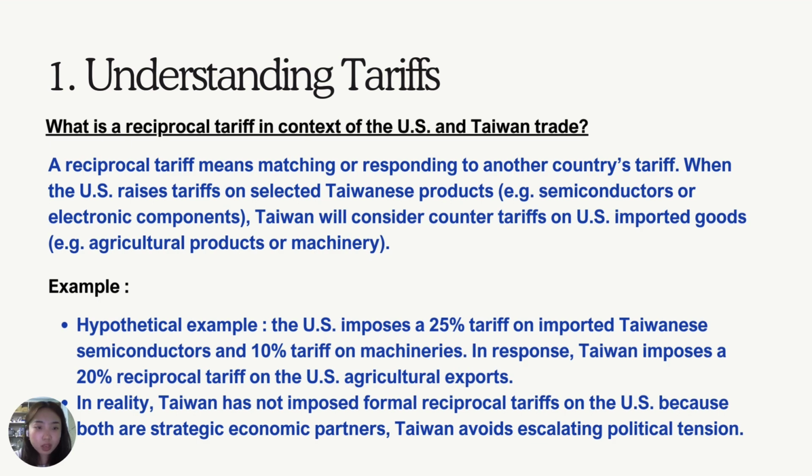So, what is a reciprocal tariff in the context of the US and Taiwan trade? A reciprocal tariff basically refers to responding to another country's tariff by placing a corresponding tariff. When the US raises tariffs on selected Taiwanese products like semiconductors or electronic components, Taiwan might consider counter tariffs on US imported goods like agricultural products or machinery.